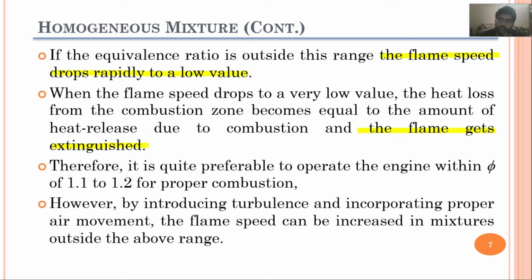So it is quite preferable that we operate our IC engine within the equivalence ratio of 1.1 to 1.2 if we want proper combustion. Otherwise we can have improper combustion, and the flame may get extinguished, and we do not have a complete combustion as a result.